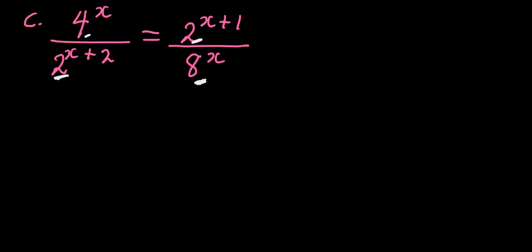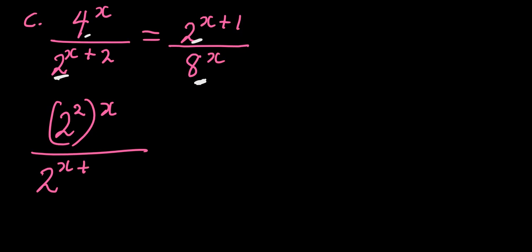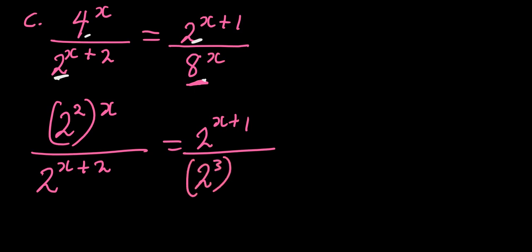So if we do that, then this 4 will be changed to 2 exponent 2, and then exponent x, over 2 exponent (x + 2) equal 2 exponent (x + 1) over, so we're going to change this 8 now to 2 exponent 3, exponent x. So next is to use this 2 to multiply the x, use this 3 to multiply this x.